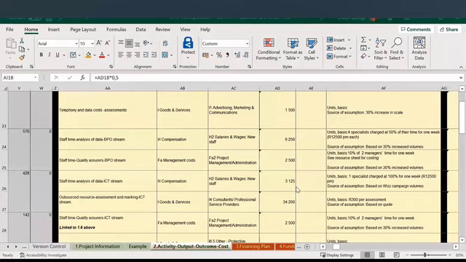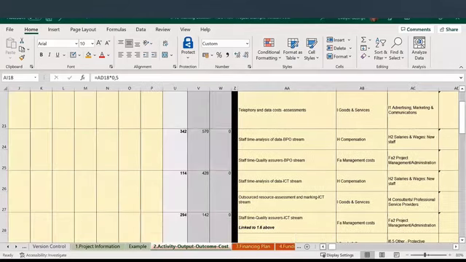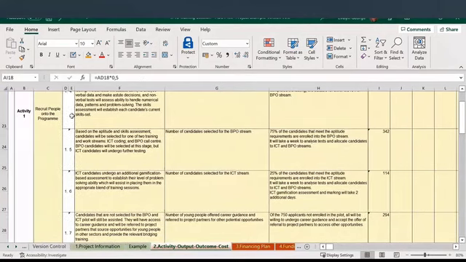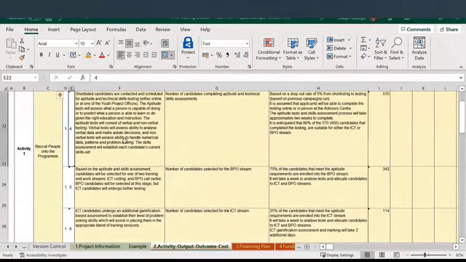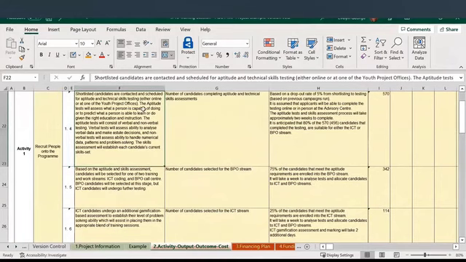Okay, so we continue with the costs associated with the activity. So here we are on activity 1.4, where Mfundo has told us that they're shortlisting candidates. They'll undergo aptitude tests that will be verbal and non-verbal.